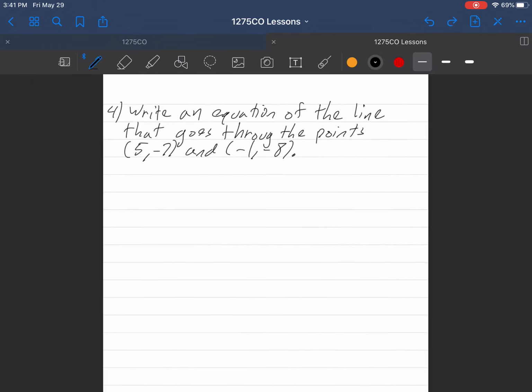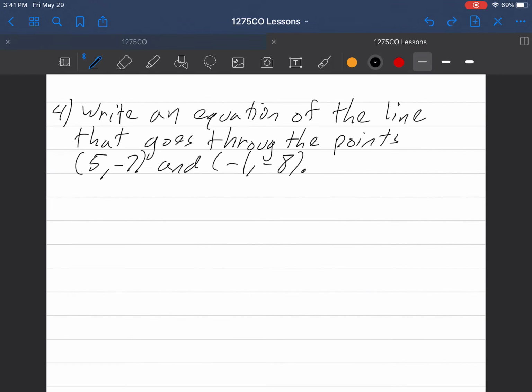So let's go through one more problem here, which doesn't really involve graphing at all, but does involve utilizing all of this stuff. Write an equation of the line that goes through the points (5, -7) and (-1, -8). The equation of a line, remember, comes in y equals mx plus b, where the numbers are m and b.